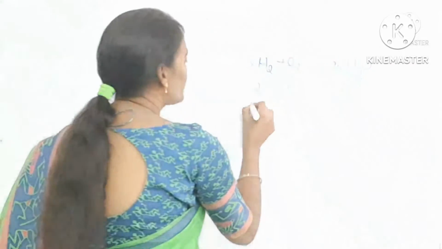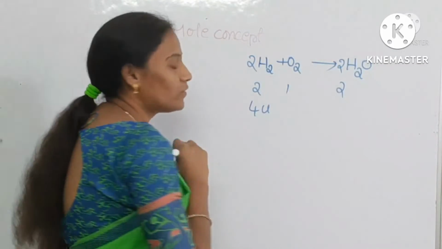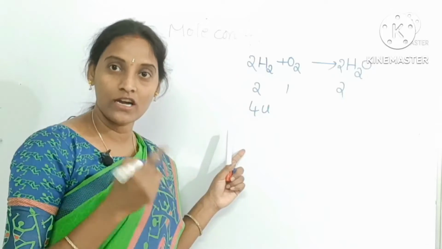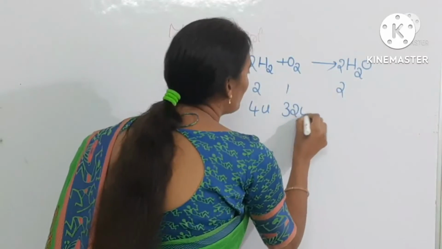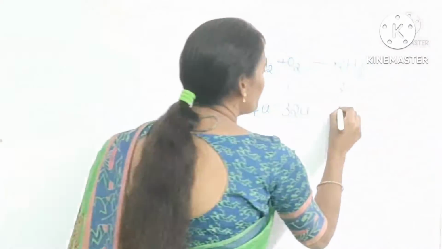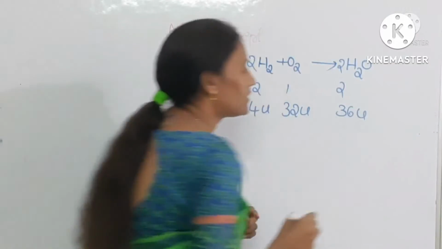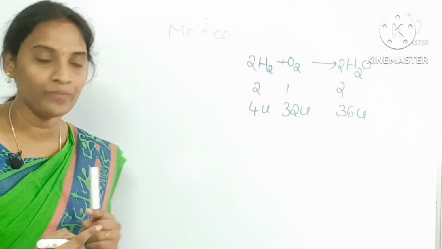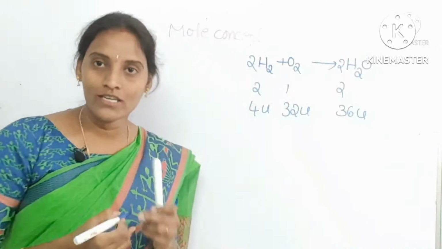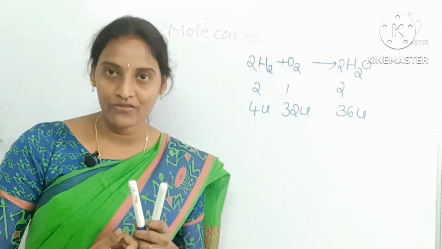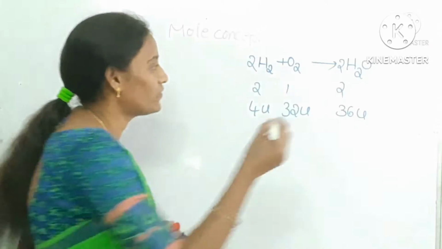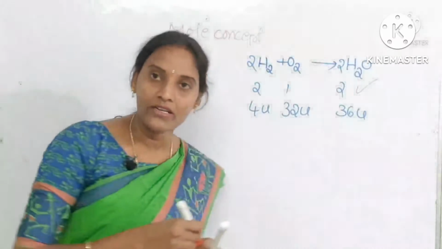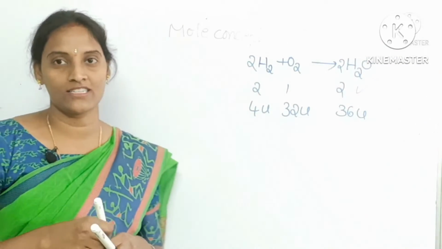The other way is 4 atomic mass units of hydrogen reacting with 32 units of oxygen, and they will form 36 units of water, students. Among these two ways, which one is the convenient way to tell the quantitative representation? The first one is the convenient way to tell the quantitative representation of a chemical reaction.